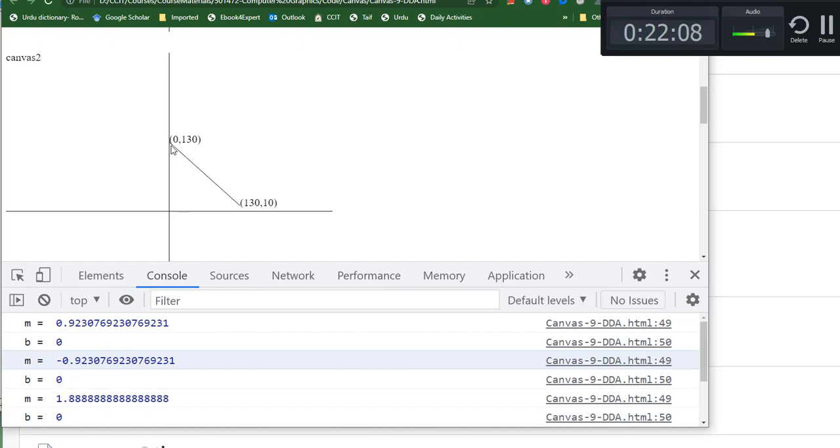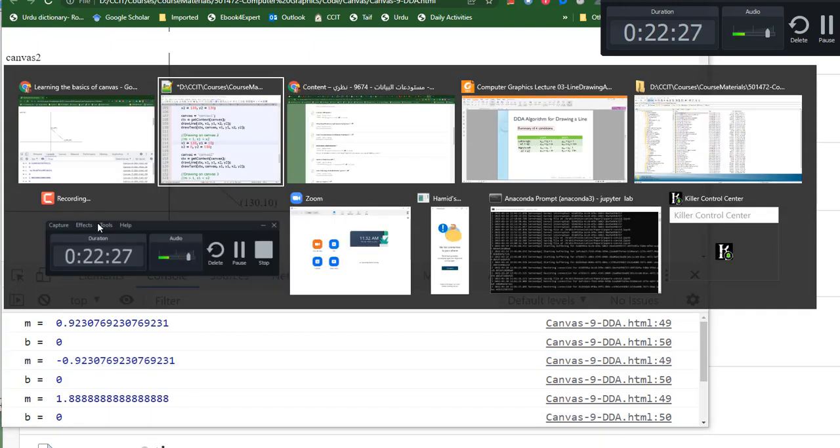It can be some other value. If I want to make it something like this, it is not a problem. I can move this point, let's say. Instead of 0, 130, I can make it minus 100 and minus 10, let's say.